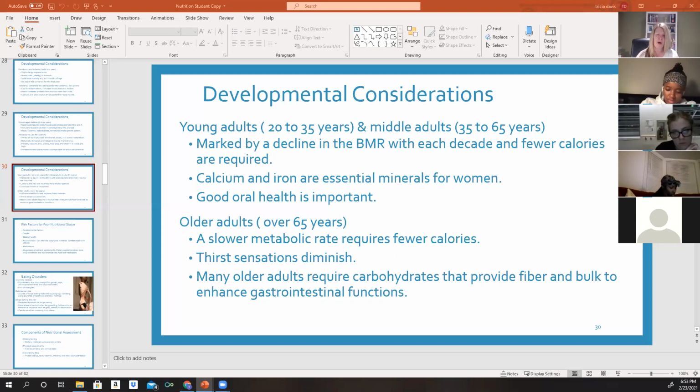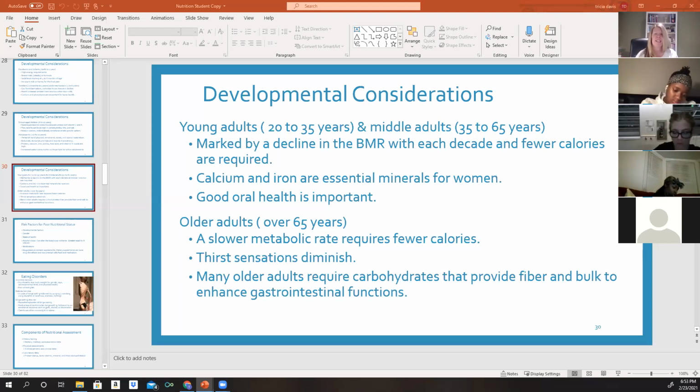Many older adults require carbohydrates that provide fiber and bulk to help enhance gastrointestinal function, because the basal metabolic rate slows down. Everything in the older adult slows down, even our GI motility. So we have to find different ways to incorporate fiber and bulk to bulk that stool up so that they're not constipated.